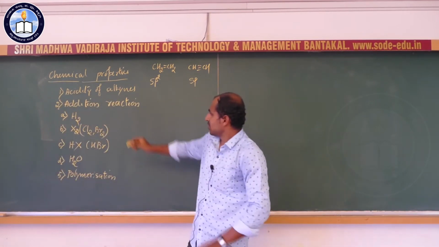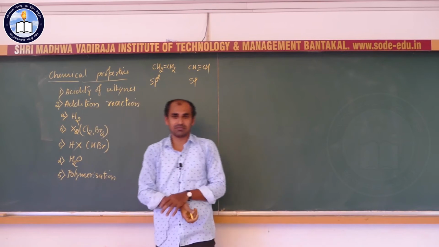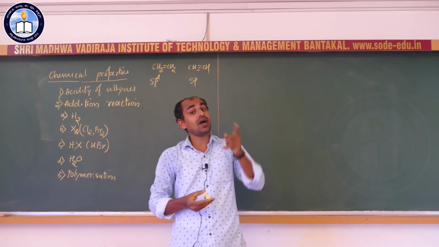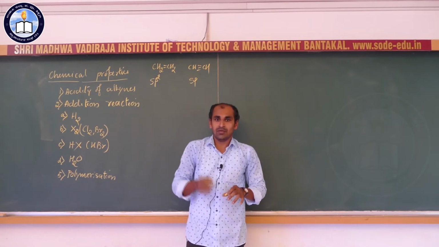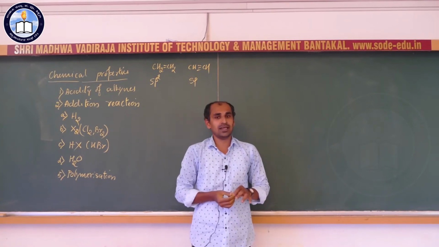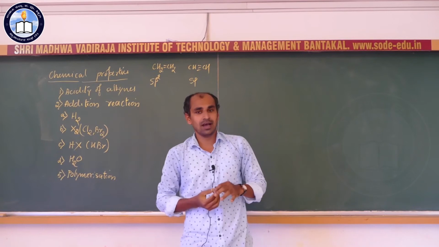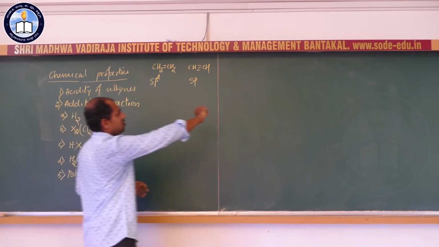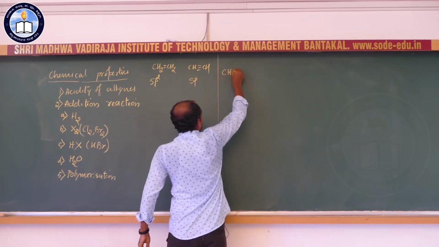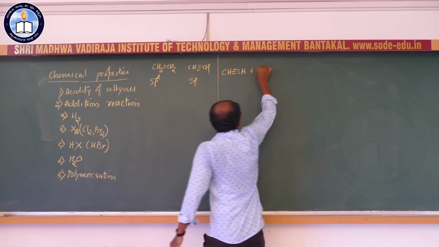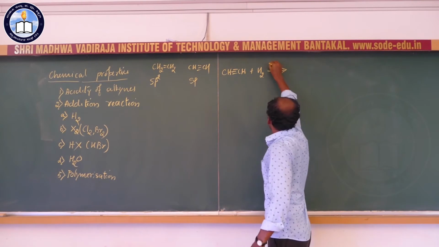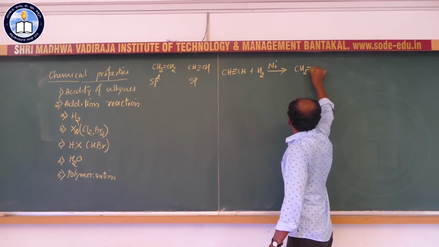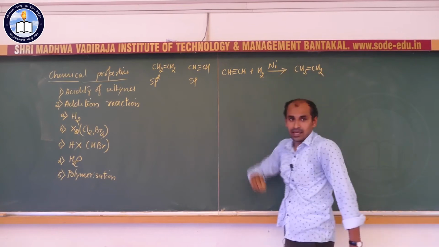So, first one, addition of hydrogen. You have studied addition of hydrogen to alkenes. When hydrogen is added to alkene, it gives corresponding alkane. In the same way, alkynes also react with hydrogen. So, one molecule of hydrogen will be added across the triple bond, we get corresponding alkene.